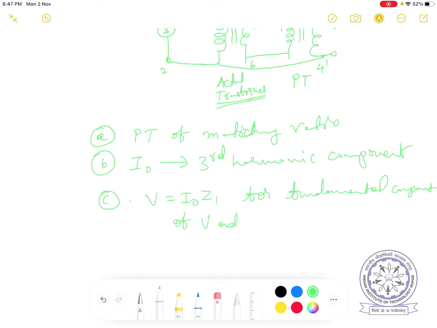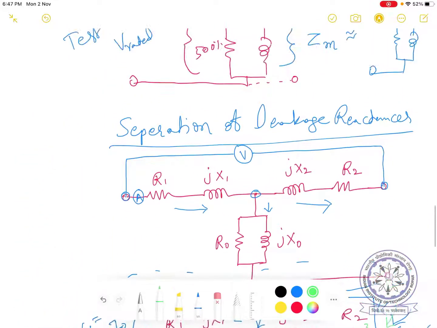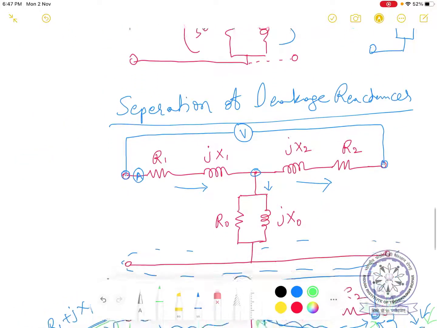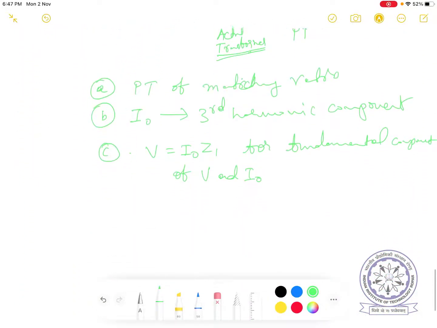It doesn't hold for third harmonic components. That is another difficulty. So therefore, these are the limitations of separation of leakage reactances using this kind of test.